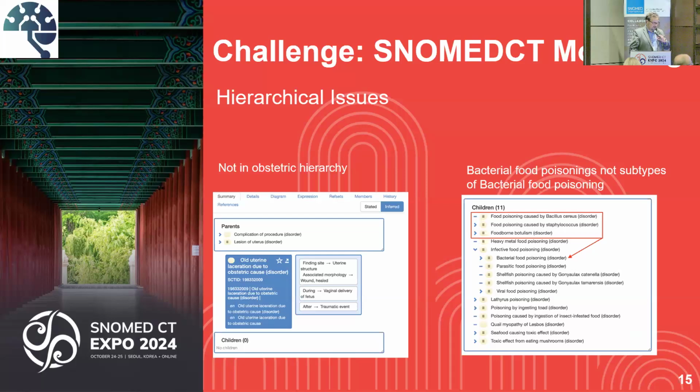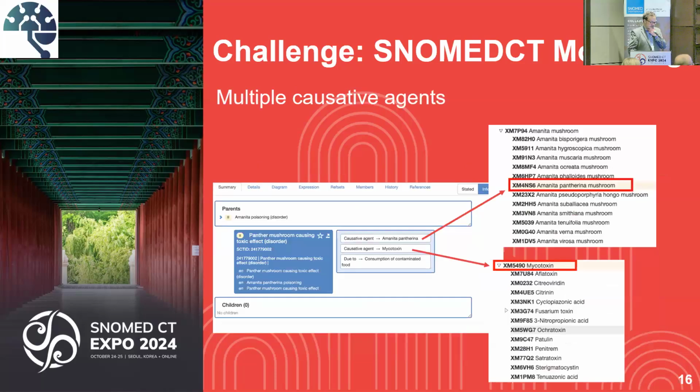Then there are hierarchy issues. I said we applied ECL to identify where things belong, but that doesn't always work. There are various situations where things wind up in a different place than you would expect when you've made certain decisions. So these are reasons why things can go awry if you're depending too much on those aspects.